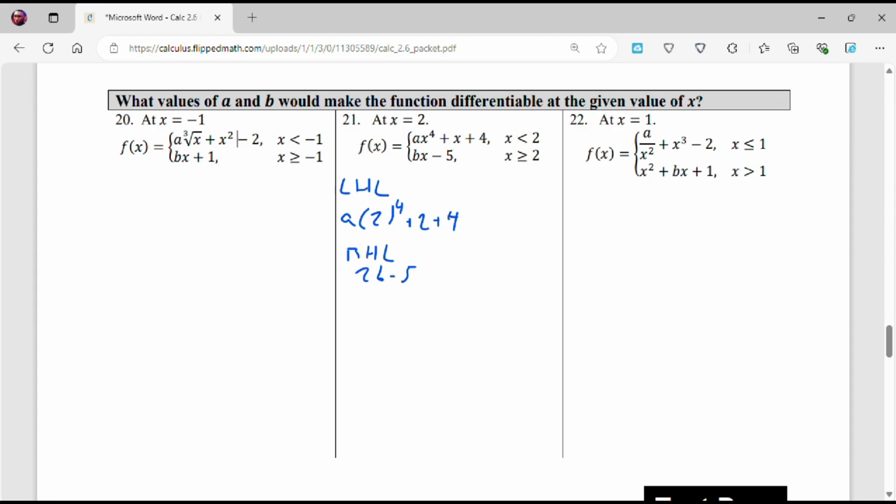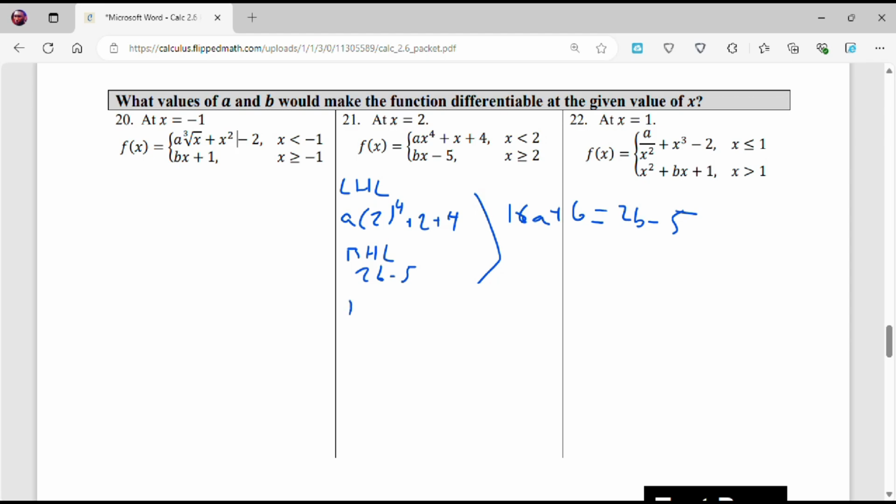Right now I'm just plugging in 2 into x. Okay, so here we get 2 to the 4th is 2, 4, 8, 16. 16a, and then plus 2 plus 4 is plus 6. Okay, 2b minus 5, right? We're not going to touch that right now. We're going to leave it as that.